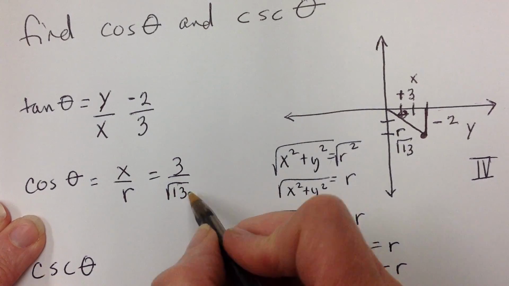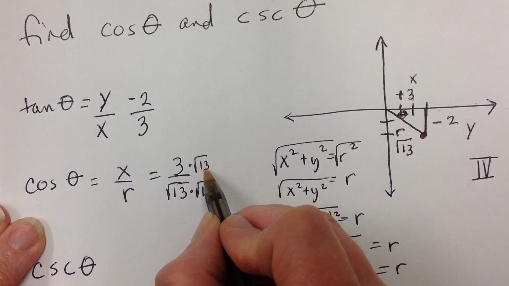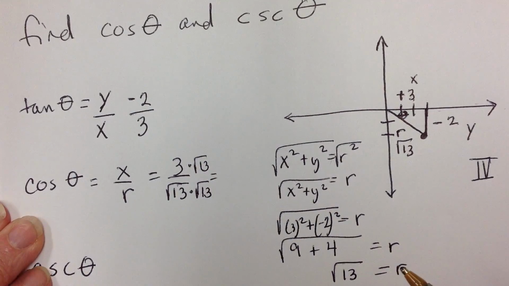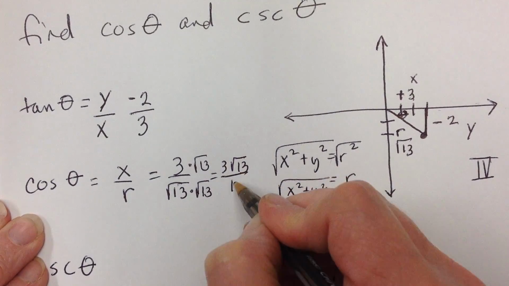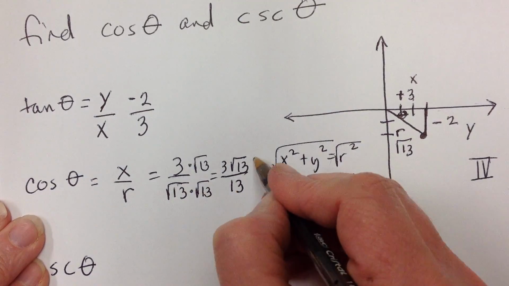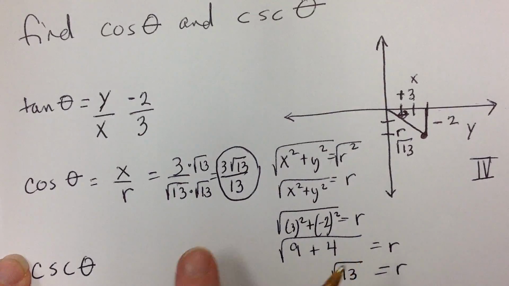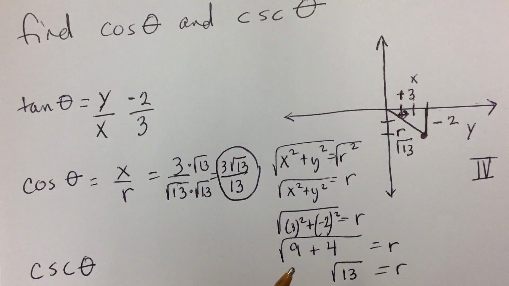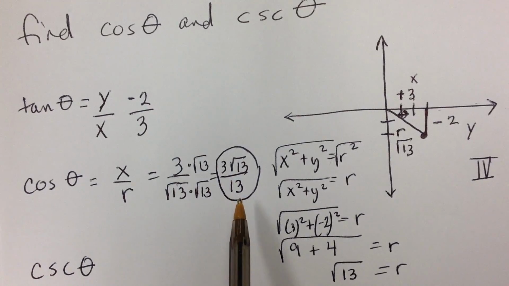Now you can't leave me a radical in the denominator, so rationalize that denominator by multiplying both numerator and denominator by the square root of 13. So you get 3 times the square root of 13 over 13. Square root of 13 times square root of 13 gives you 13 without a radical. So your cosine of theta would be 3 square root of 13 over 13.